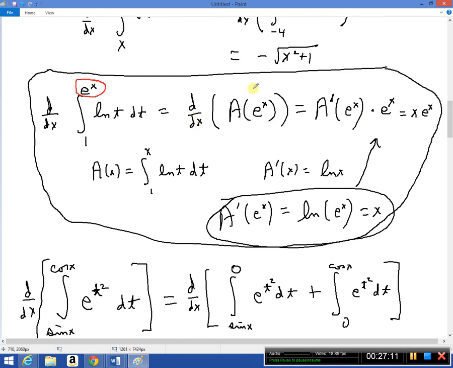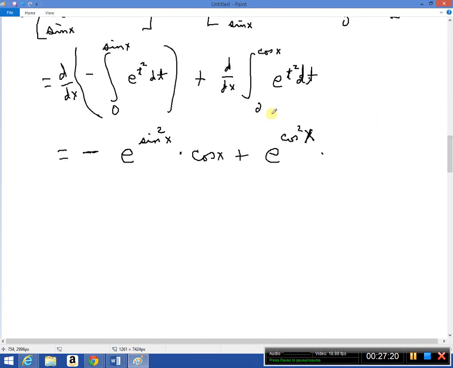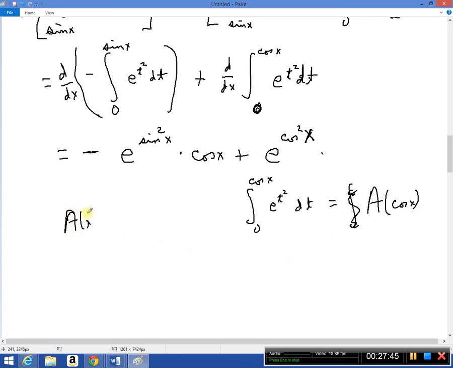See, this is what we're really doing. We're taking the derivative of the area function at, not x, but cosine of x. All right, I'll do it here. The area function that we're dealing with is the integral from 0 to cosine of x, which isn't the same as x, of e to the t squared dt, which is the area function at cosine of x, where the area function A of x is the integral from 0 to x of e to the t squared dt.